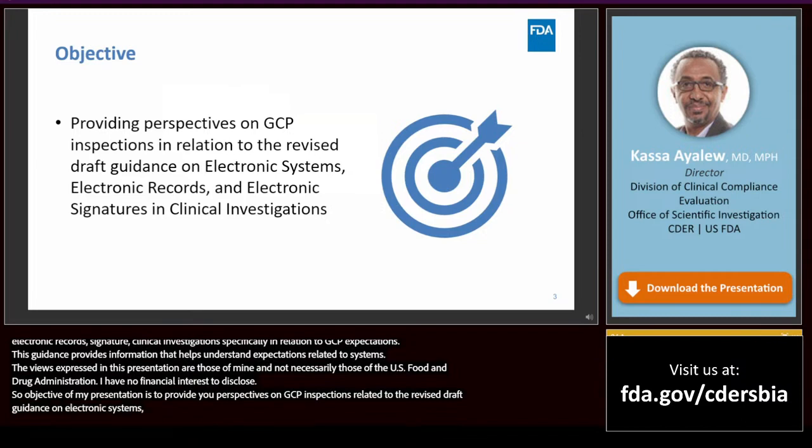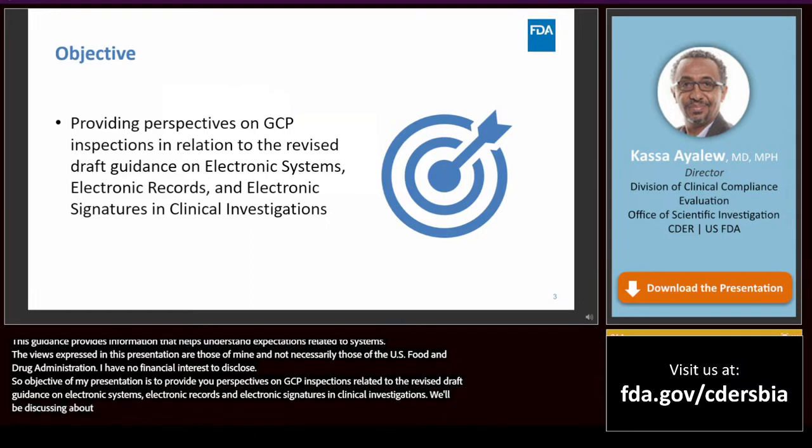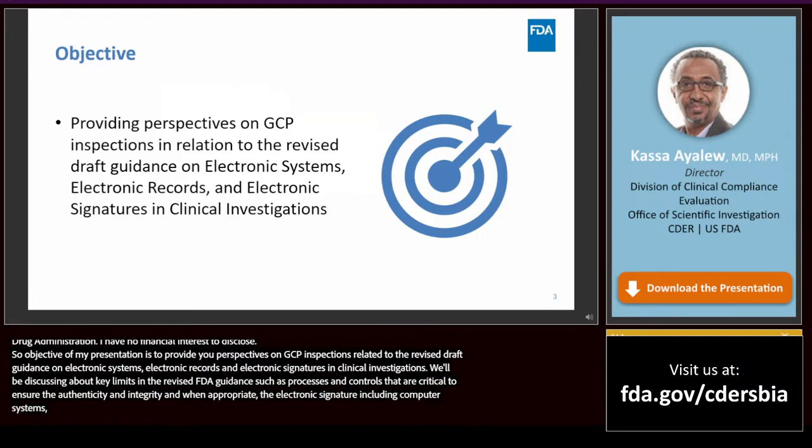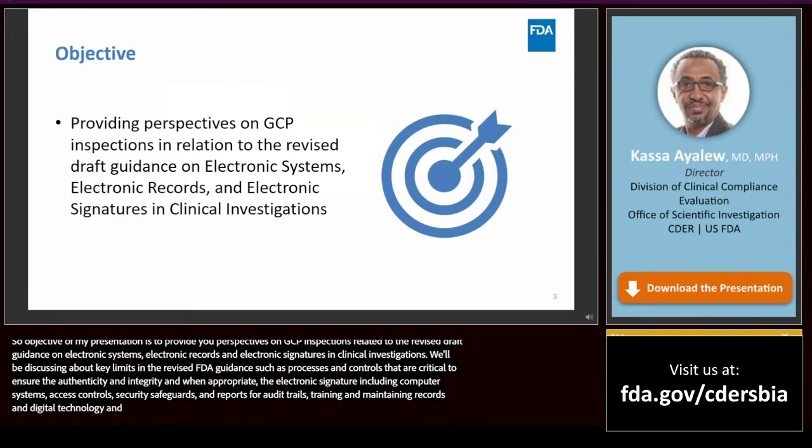We'll be discussing key elements in the revised FDA guidance that are related to GCP expectation, such as procedures and controls that are critical to ensure the authenticity, integrity, and when appropriate, the confidentiality of electronic records and electronic signatures, including validation of computer systems, access controls, external security safeguards, audit trails, and reports from audit trails, training, maintaining and retaining records, and digital health technology and source data, and documentation of processes and procedures related to computer system.